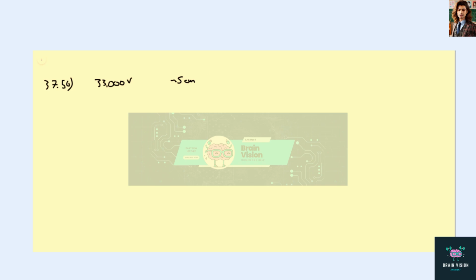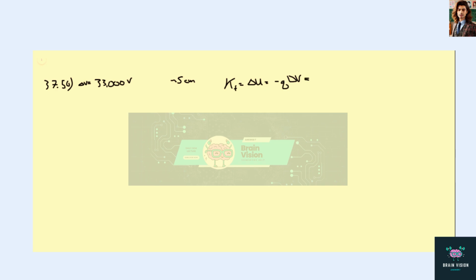Okay, so the final kinetic energy is equal to the negative change in potential energy as it passes through the potential difference. So we can write kinetic energy final is given as the change in potential energy, which is negative Q delta V, or the potential difference. So this is delta V here.